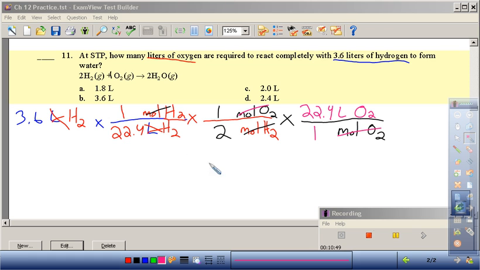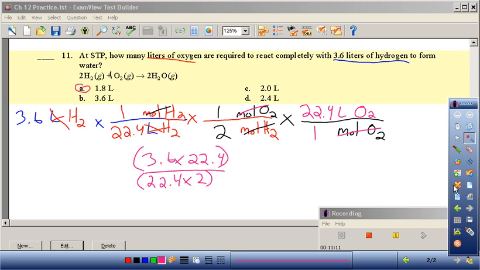Alright, and you want to put all that in your calculator. Take everything on the top, divide it by everything on the bottom, and you definitely want to put that in parentheses on your calculator. And you should get 1.8.